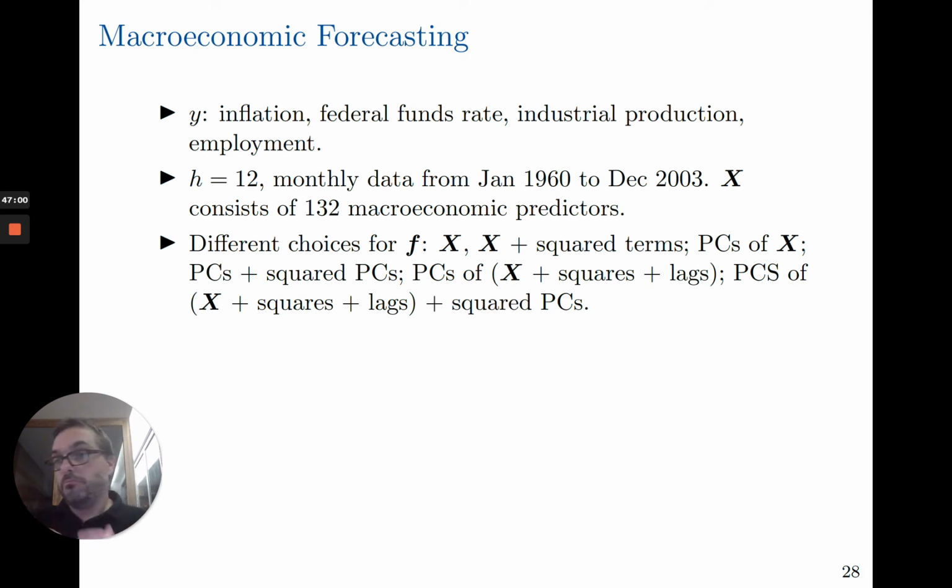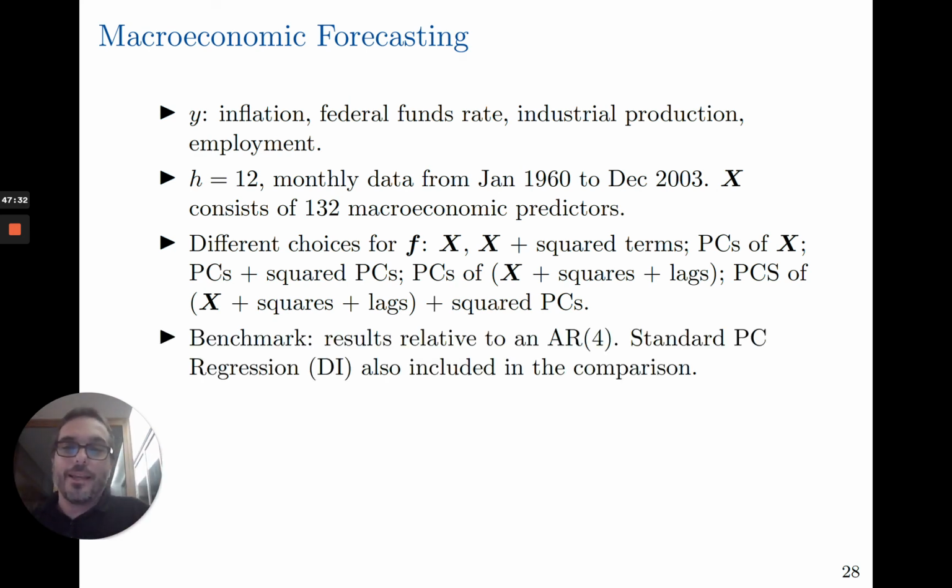Can be the raw data, the x's plus squared values of the x's, all the principal components of the x's, the principal components and the squared principal components, the principal components of the x's, the squares and the lags, and also the squared principal components. So like all the possibilities.